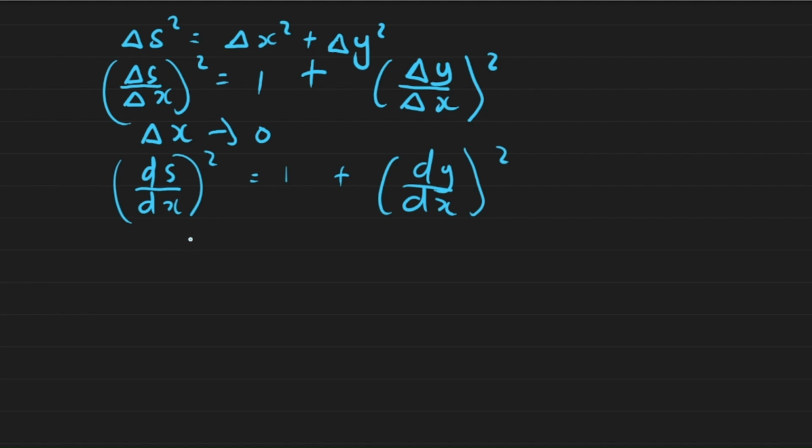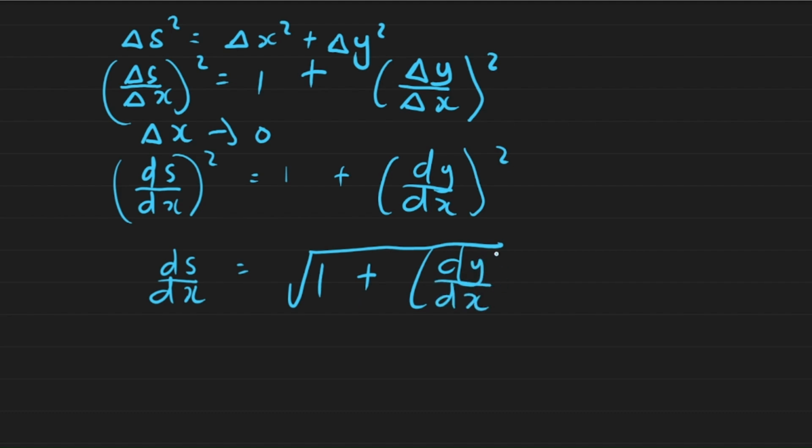So all we do is solve for ds. So that means that ds/dx is equal to the square root of 1 plus (dy/dx) squared. And of course, ds is just the previous term multiplied by dx.